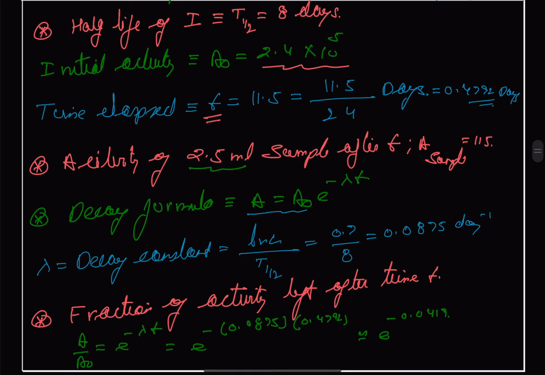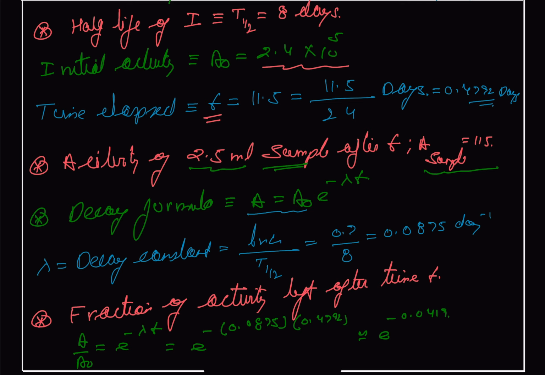So activity of 2.5 is given as 115, and because this is the only sample, it means that 2.5 milliliter of sample is giving an activity of 115.